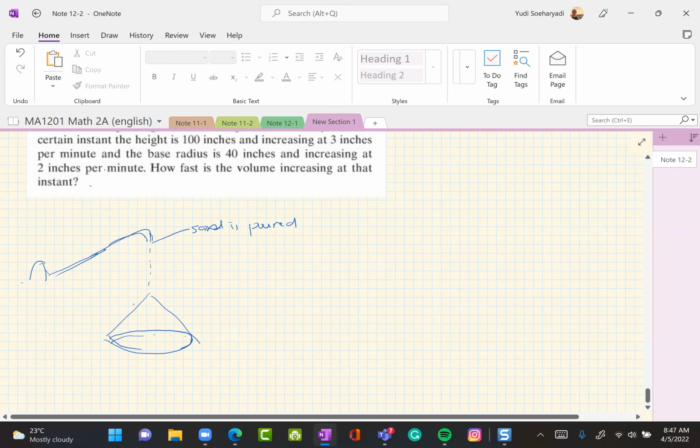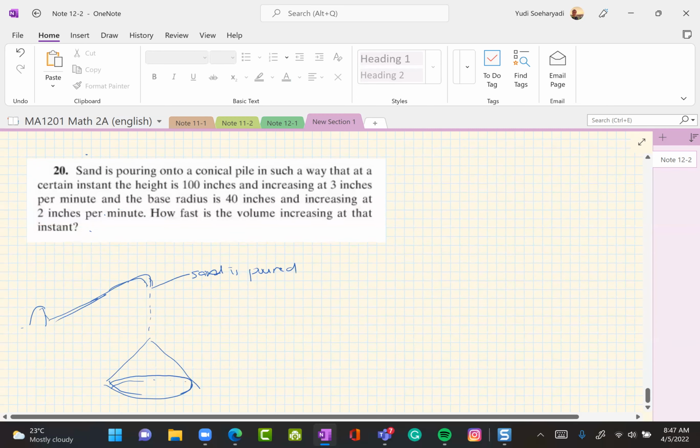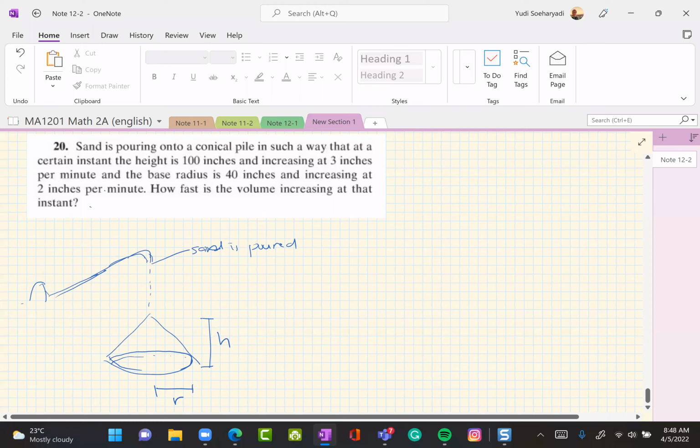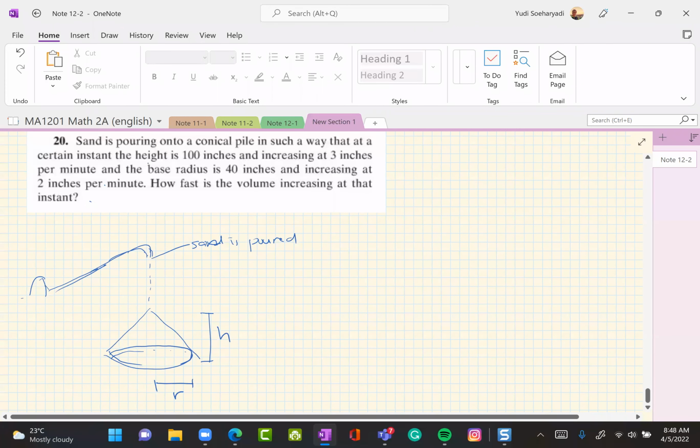This is the shape. Here is h, this is r. At some instant, when the height is 100, increasing at 3 inches per minute.